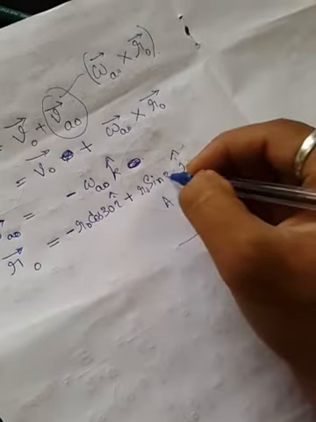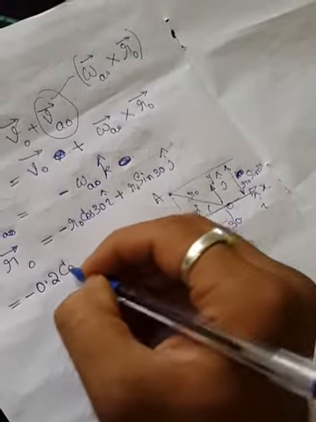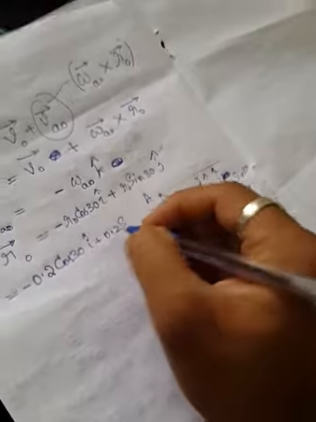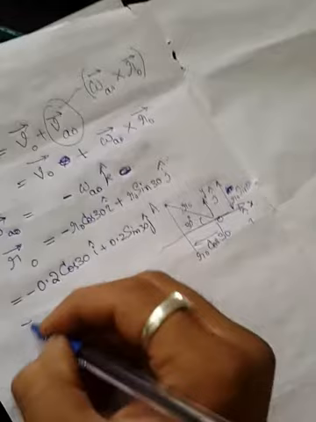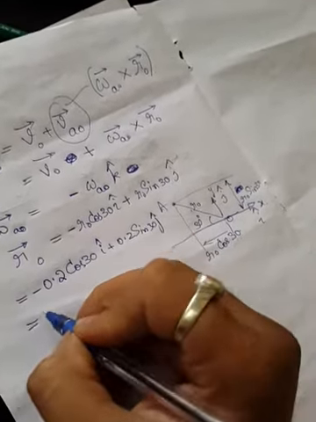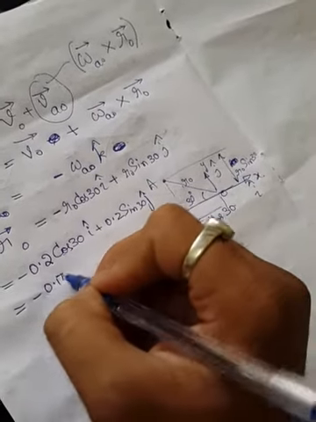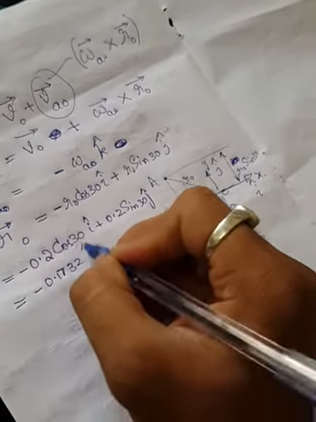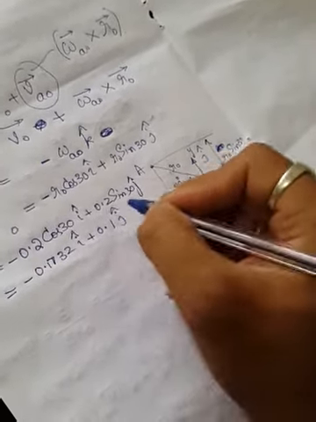R_O is once again 0.2 cos 30 i plus 0.2 sin 30 j. When simplified, it comes to minus 0.1732 i plus 0.1 j. Units are in meters. So this is my R_O vector.